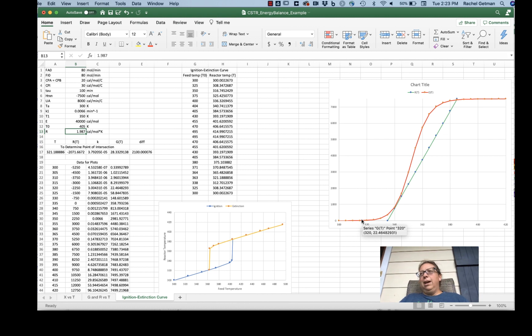Regardless of what's going on, there are multiple steady states in this system, and the one that the reactor is going to operate at is the one that's closest to where it was previously operating. So if I make a change, you're basically going to follow this line one way or the other until it finds the next available steady state. So that's basically what I wanted to say here.